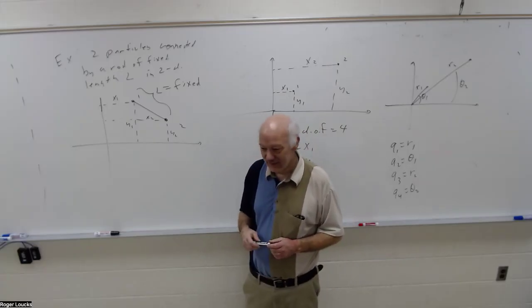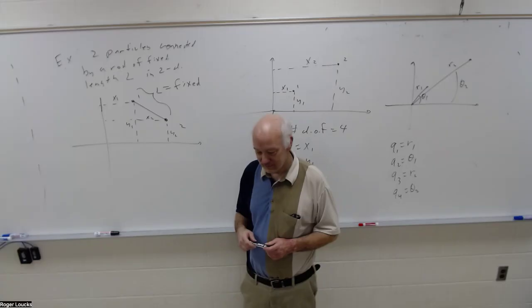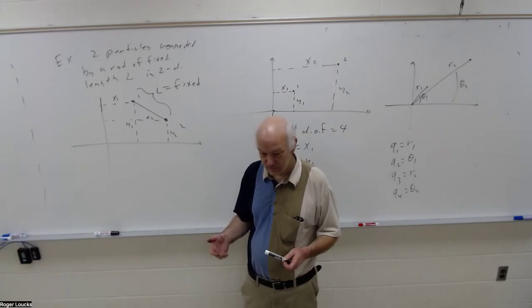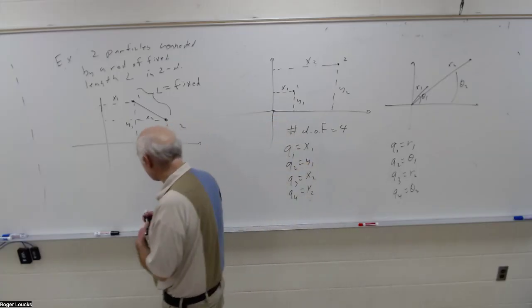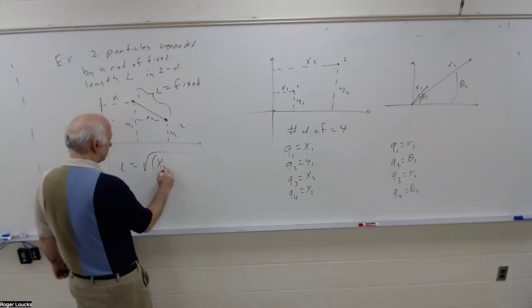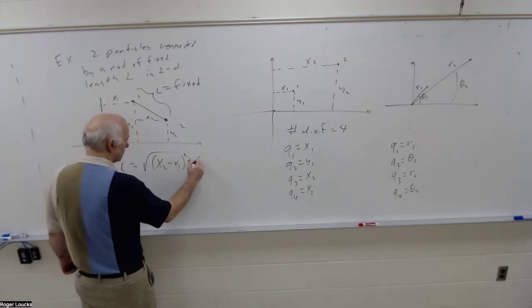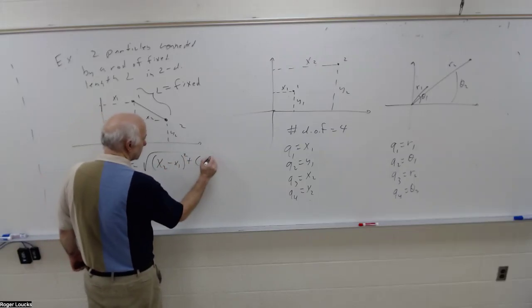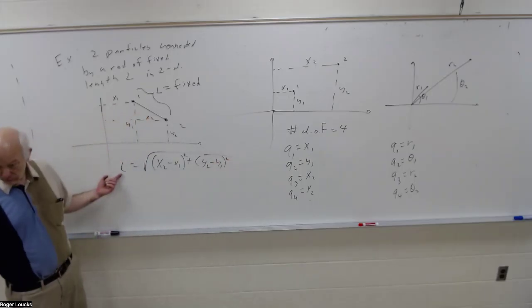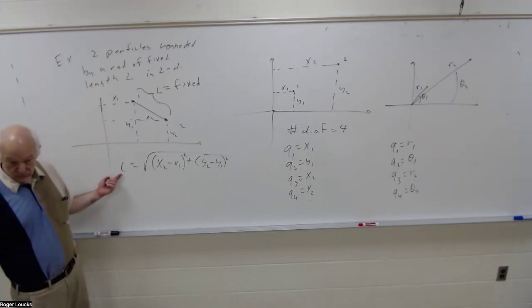You just say it's x2 minus x1 squared plus y1 minus y2 squared. Actually, it has to be the square root of x2 minus x1 squared plus y2 minus y1 squared. Right? Because this is fixed here.